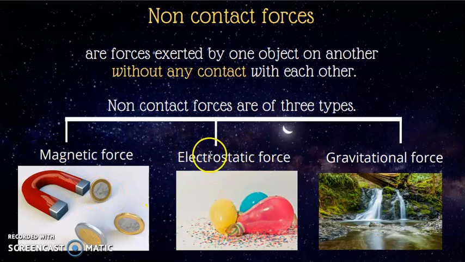Electrostatic force is the force that you experience during winters, or when you rub a balloon and keep it over a piece of paper, what will happen? It will get attracted. So that's an electrostatic force. And the gravitational force is the force that keeps us held towards the earth. So these are the types of non-contact force.